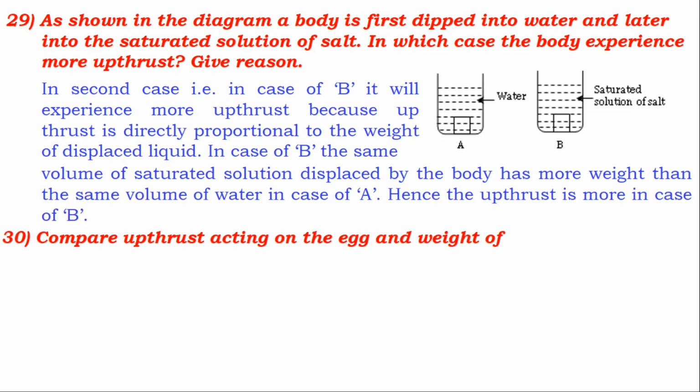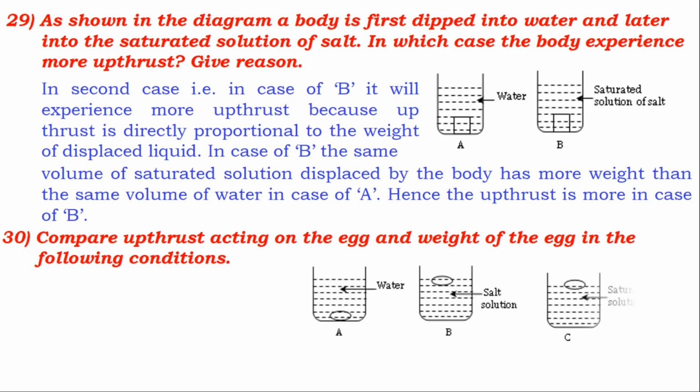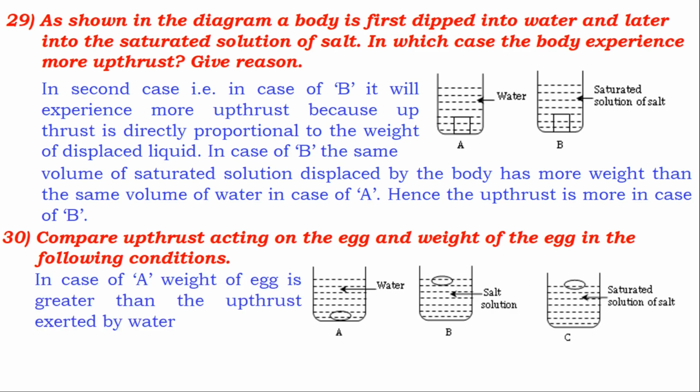Okay, next question. Compare upthrust acting on the egg and weight of the egg in the following condition. Here is the diagram. In each case, we have to compare the weight of egg with the upthrust acting on the egg. Now, how can we write the answer? It is very simple. In first case, in case of A, weight of egg is greater than the upthrust exerted by the water on the egg.